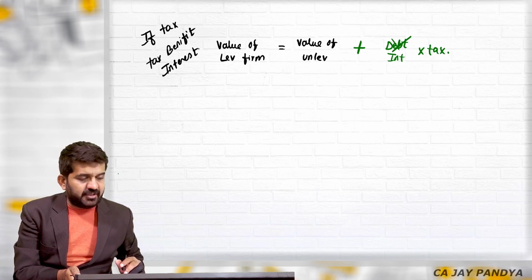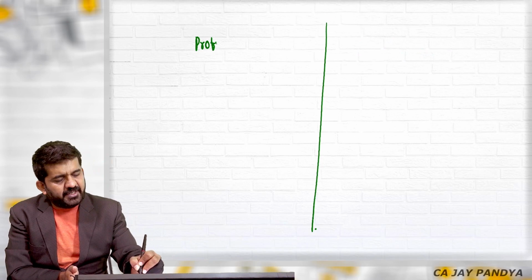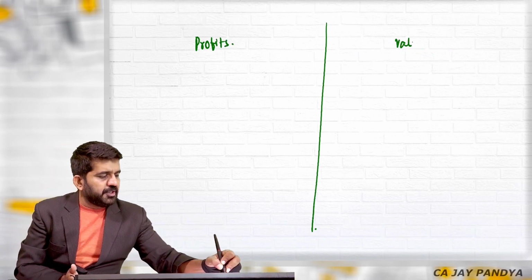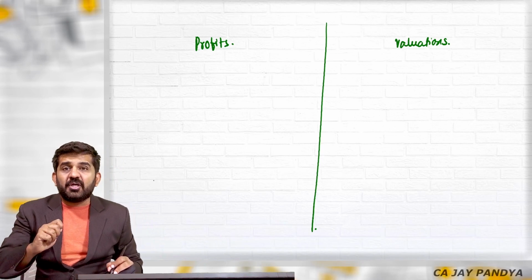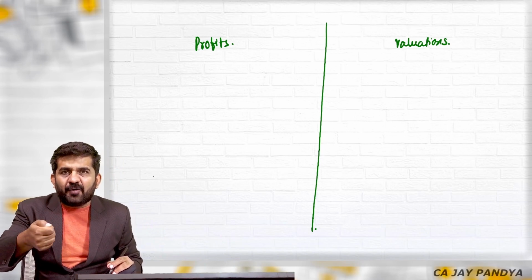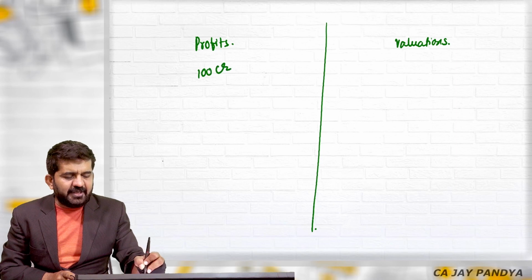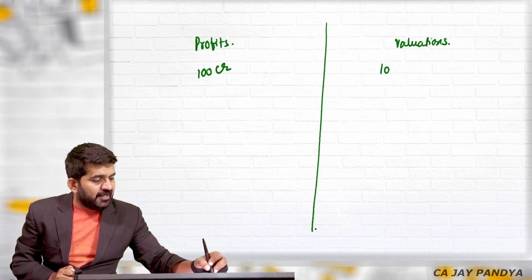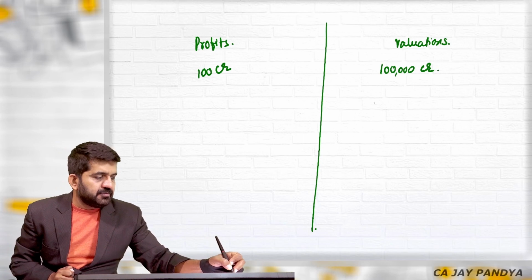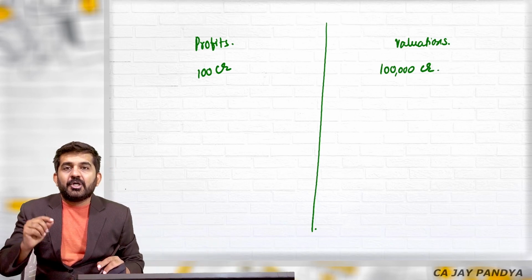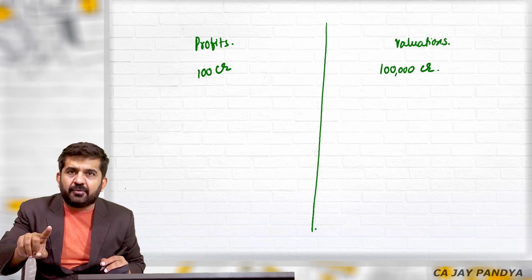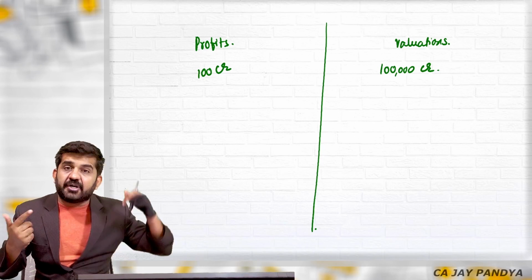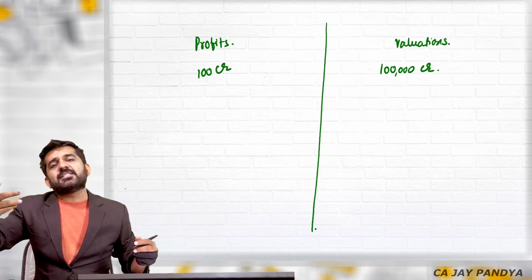Whenever you are learning something, you need to understand there is a difference between profits and valuations. If I want to find out the profit of Reliance, it might be 100 crore. But the value of Reliance might be 1 lakh crores. So you cannot say that if Reliance is earning 100 crore rupees per annum, the valuation of Reliance is 100 crore rupees. Then sir, how to value it?